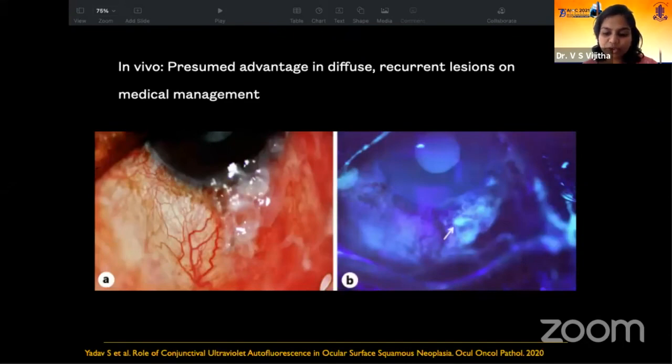This technique has shown some utility in vivo as well. But its role as of now is limited to diffuse recurrent lesions, which have been on medical management, wherein it helps identify specific foci amongst the diffuse lesion, which could probably be active tumor, thus avoiding a need for a biopsy.